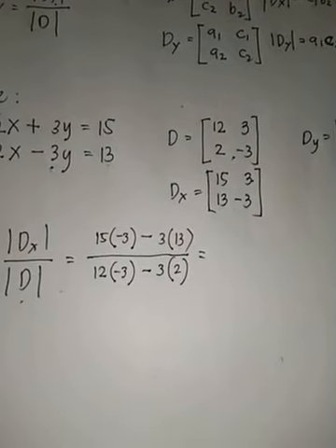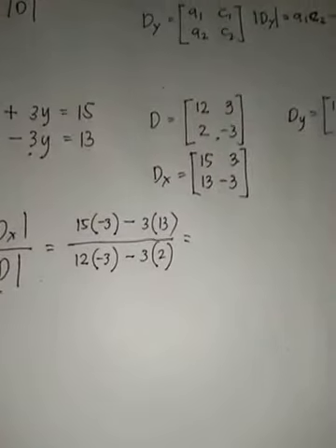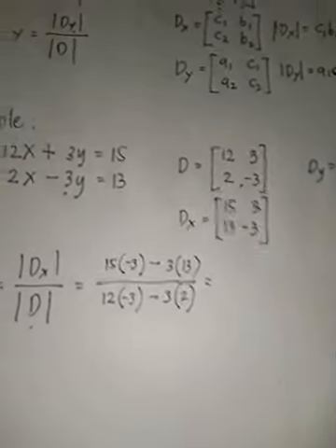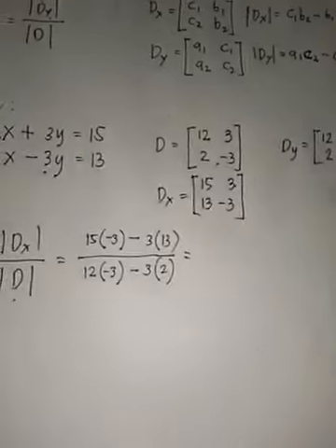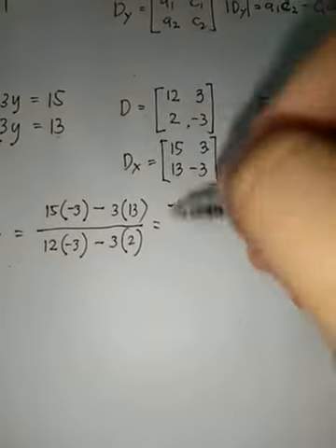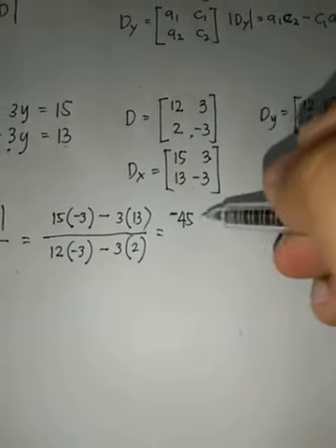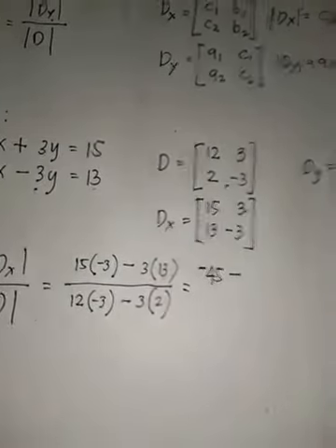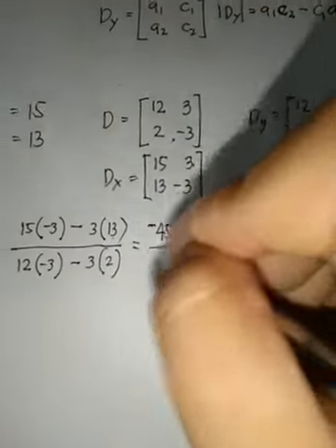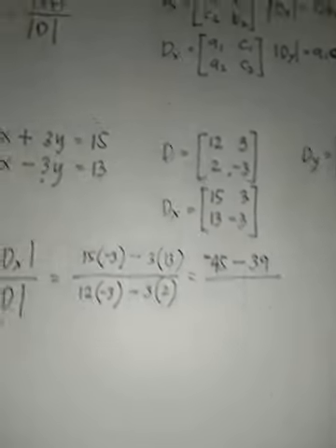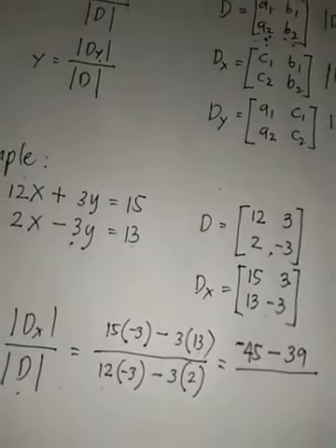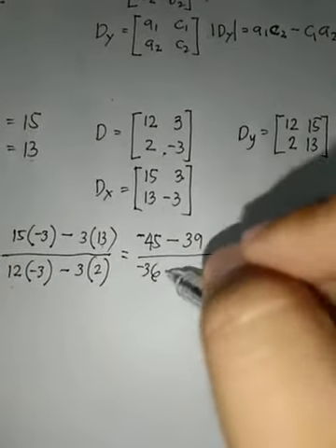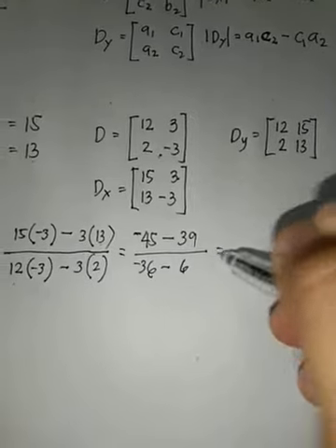Okay. Then, simplify. So, 15 times negative 3, this is negative 45 minus 3 times 13, we have 39, over 12 times negative 3, we have negative 36. Ito minus 3 times 2, 6.